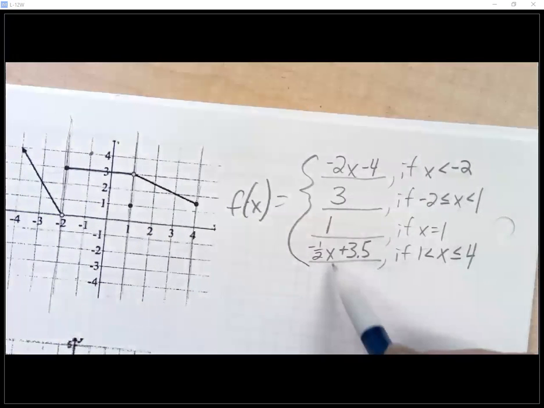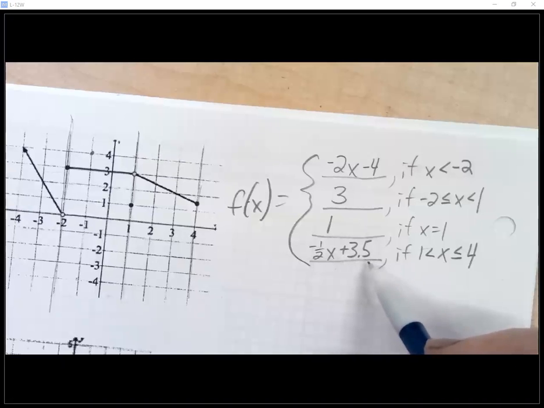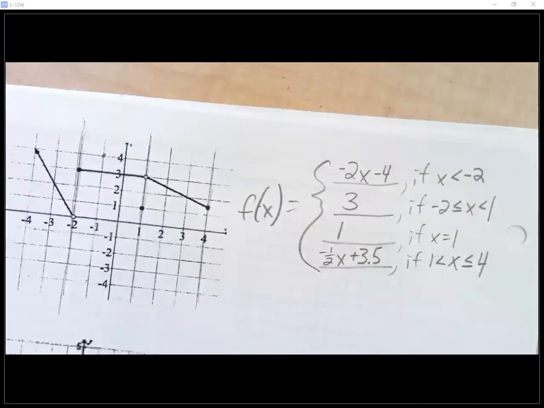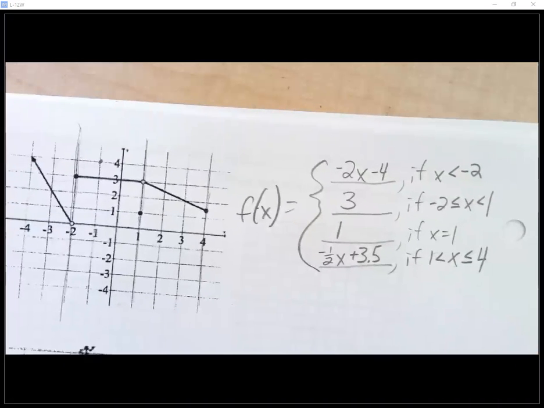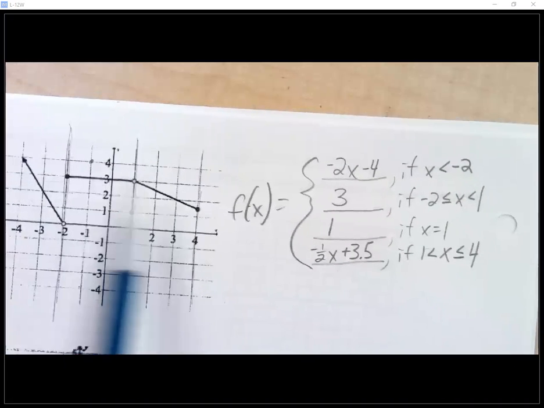That's a negative 1.5, negative 1.5 plus 3.5 is 2, right? Oh, good. That matches what I was supposed to have. So if you really want to make sure that you have this super right, you could plug in a point on each section and just double check yourself.